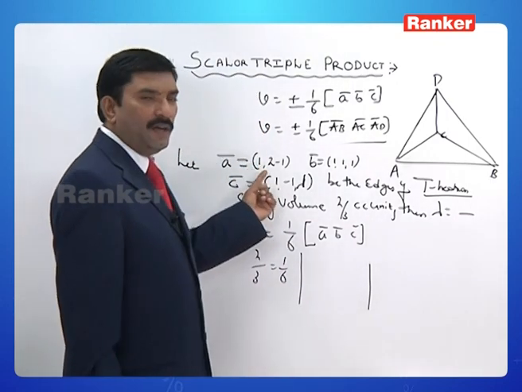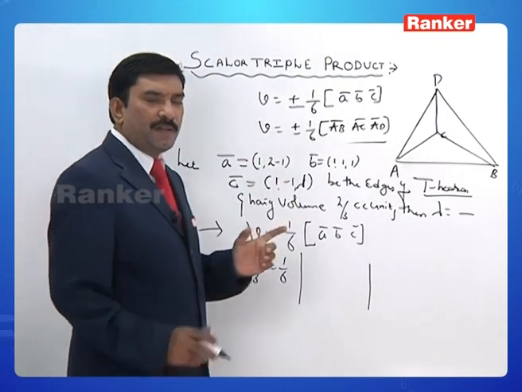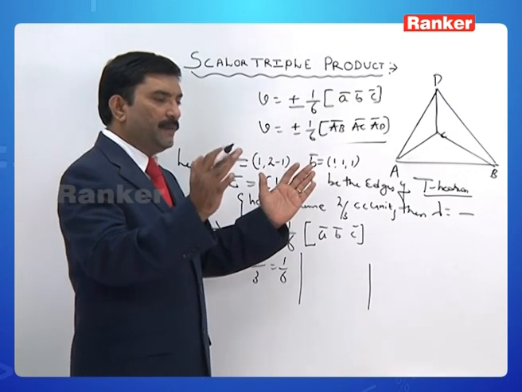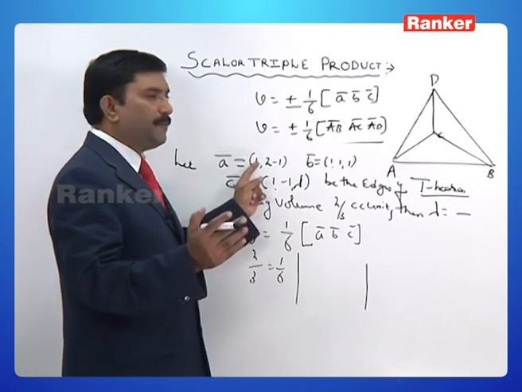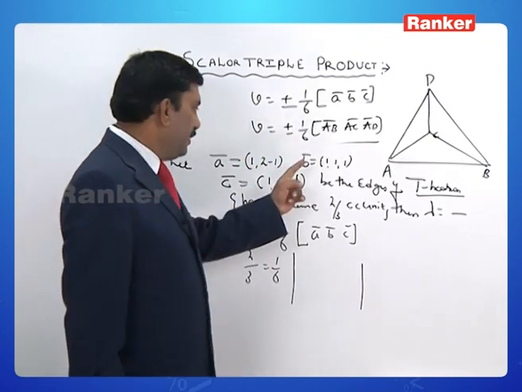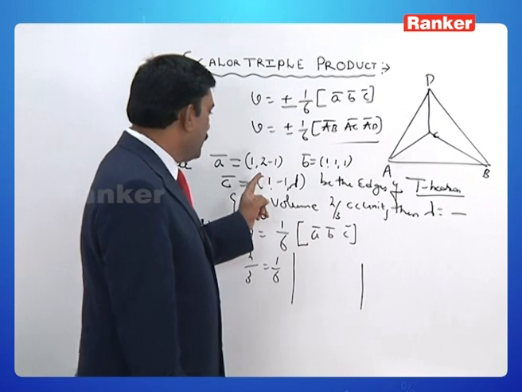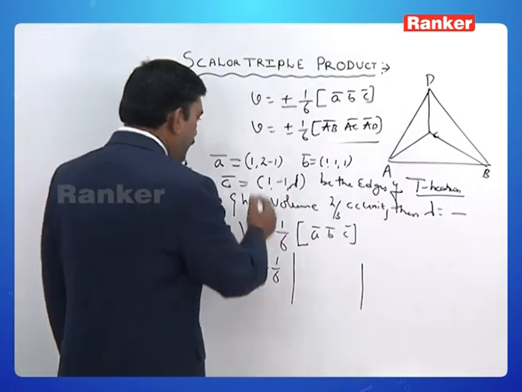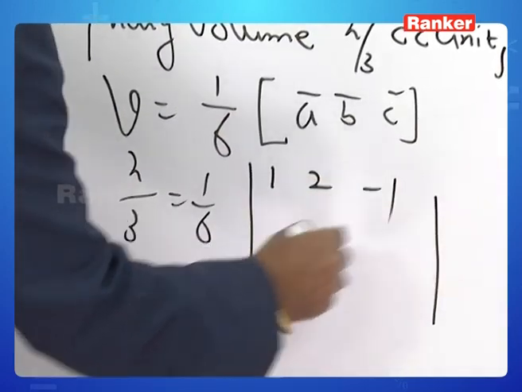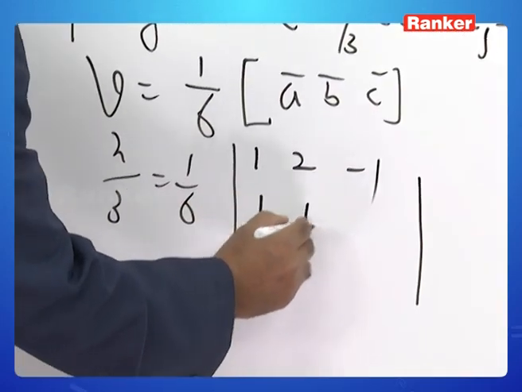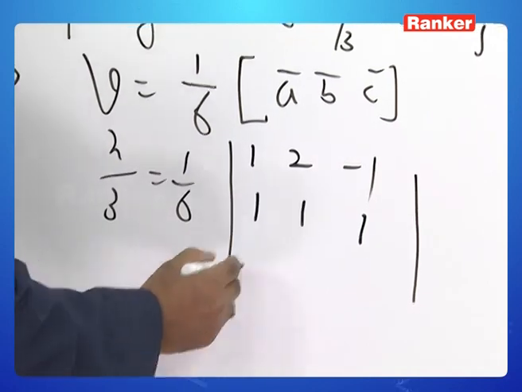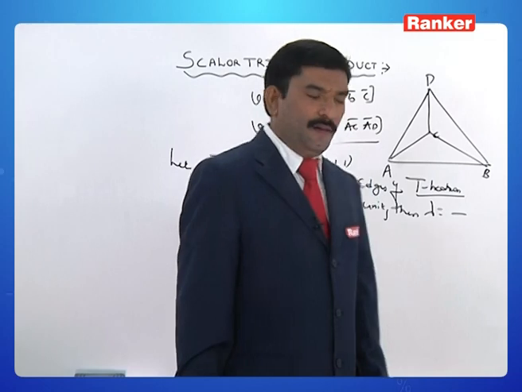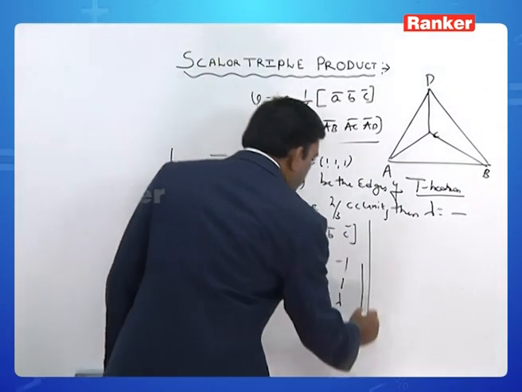Now, when you are writing in the form of x, y, z coordinates, those vectors can be expressed with base vectors i, j, k as i plus 2j minus k, i plus j plus k, and i minus j plus lambda k. So therefore, I can write A bar as 1, 2, minus 1; this is 1, 1, 1; this is 1, minus 1, lambda.